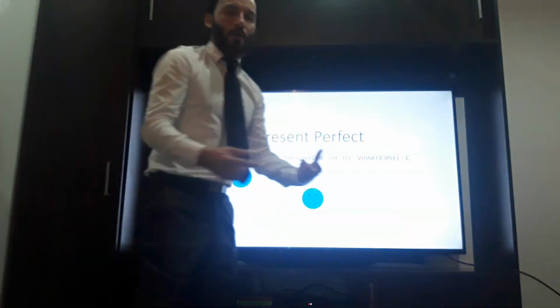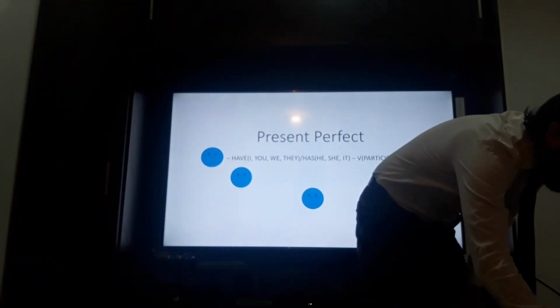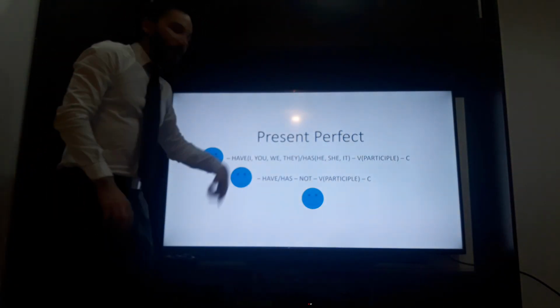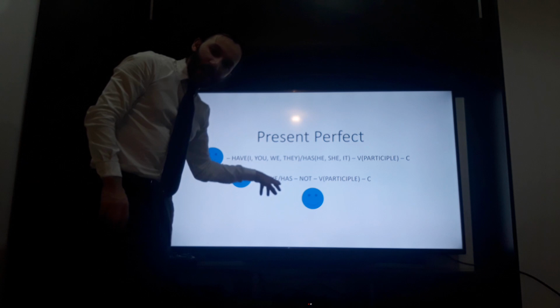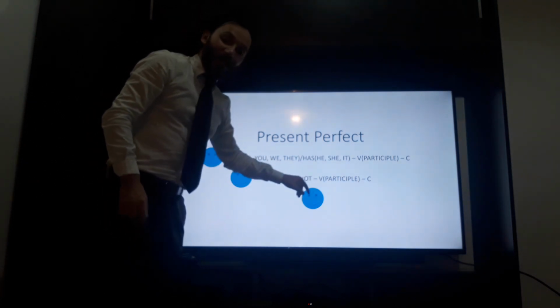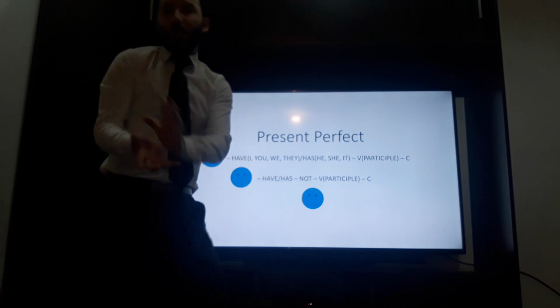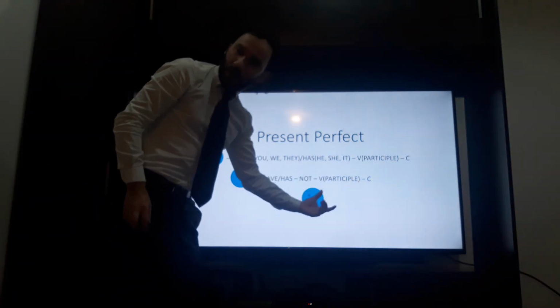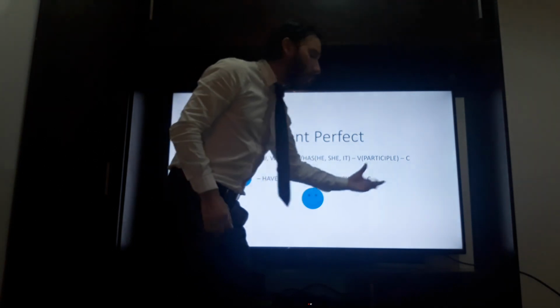Now, let's work in negative. Again, we have our subject, then we have our auxiliaries, have or has. You know, has for the third person, he, she, it. Not the negative, we can use the contraction haven't or hasn't, according to the person. Plus the main verb in past participle again, plus the complement.